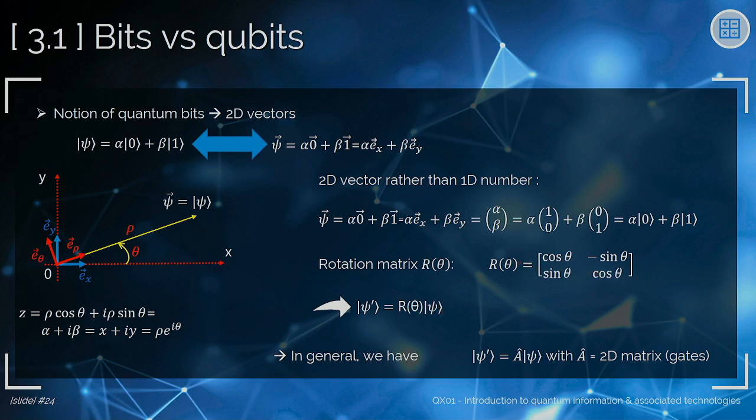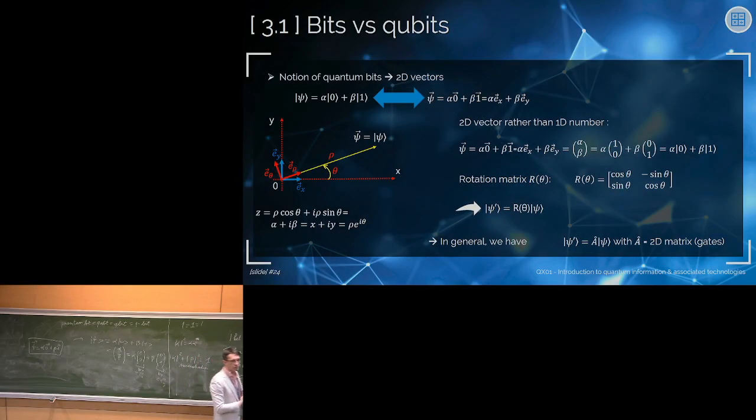So in general, we can apply some matrix operation. It would be a 2x2 matrix because it's a 2D vector. So any 2D operation to a qubit transforms it into another qubit. And these A matrices are 2D matrices, which are, as we will see, the equivalent of the gates that we saw today, the AND and OR gate. Okay.